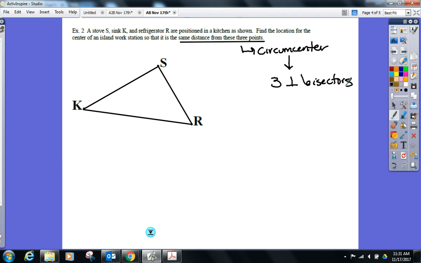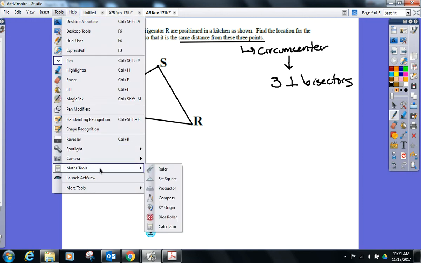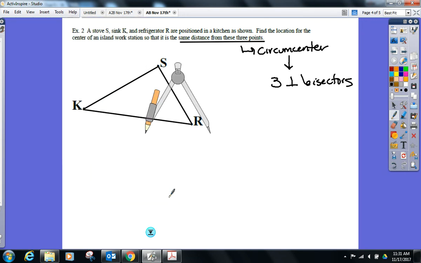Let's refresh our memories. Let's get our compass out. So let's start with KR. How do I construct a perpendicular bisector for KR? Put your compass point on one of the endpoints. What should I do with my compass? Open it up more than half the distance of the segment.